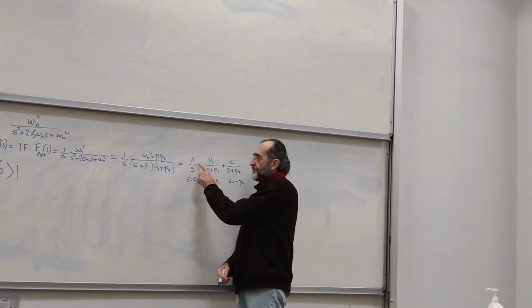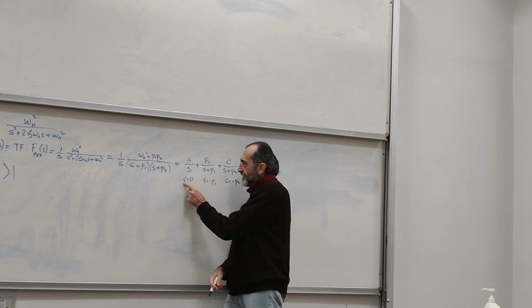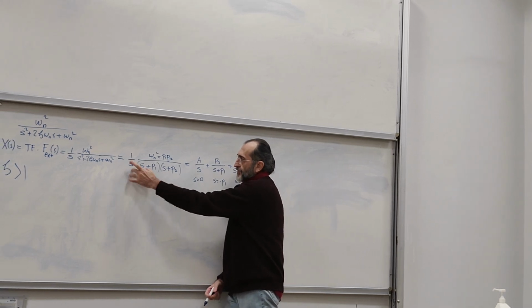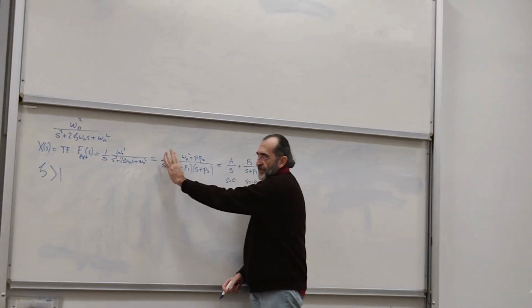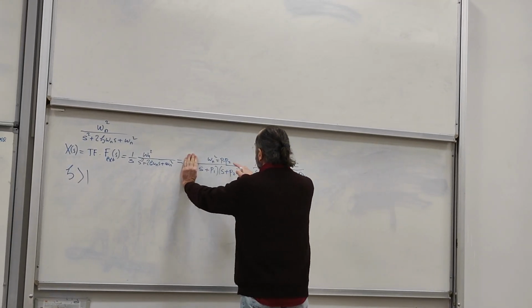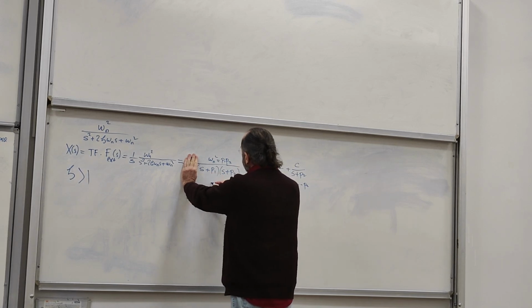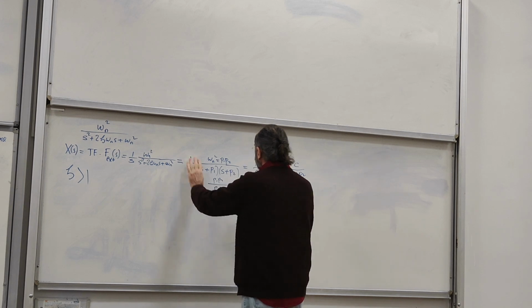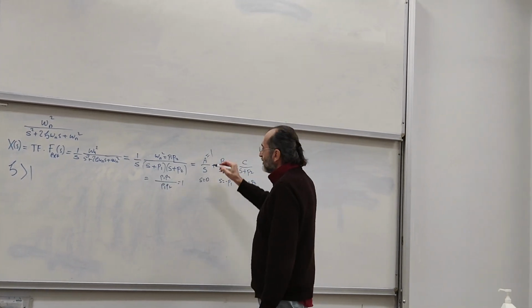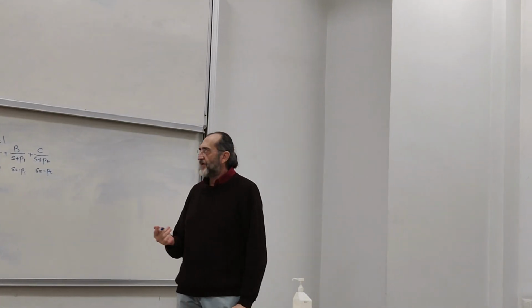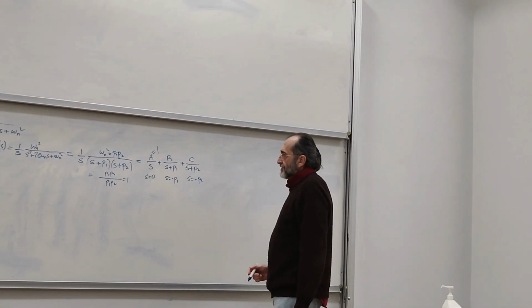We first start with A over s, and we assign s equals 0 to the value of s. This immediately blows up. 1 over s becomes infinity. So we cover this up. It's a trick. We cover this, and we give s equals 0 to the rest. So what we have is p1 p2 divided by p1 p2, which is 1. So A equals 1. That's a very neat trick that you can use to find these partial fraction solutions.